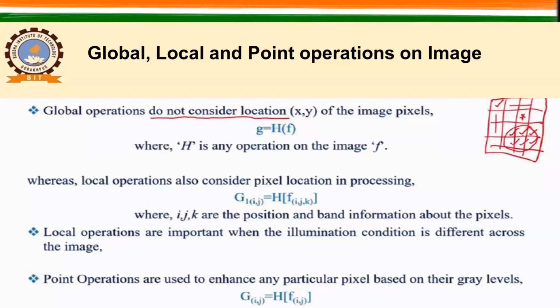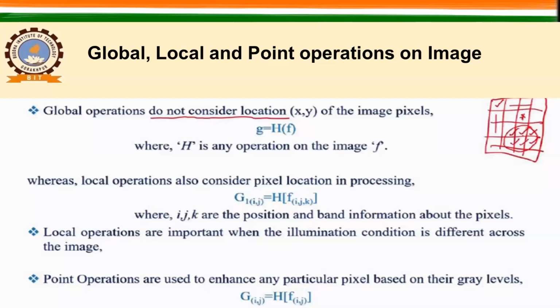So in a local operation, we need to define which area you want to process or enhance. You need to define the location of these pixels. Then only will this qualify as a local operation, and local operations are important when the illumination condition is different across the image. If you find a particular area has some haziness or poor contrast, and you divide the image into three parts, where one area requires little processing and another does not require anything, then what will you do?